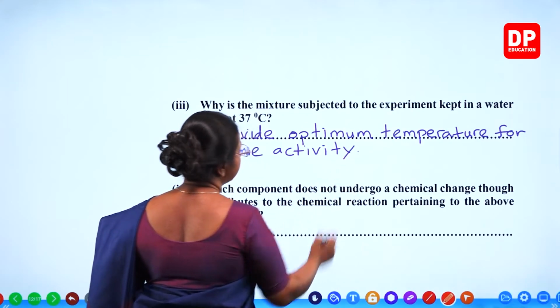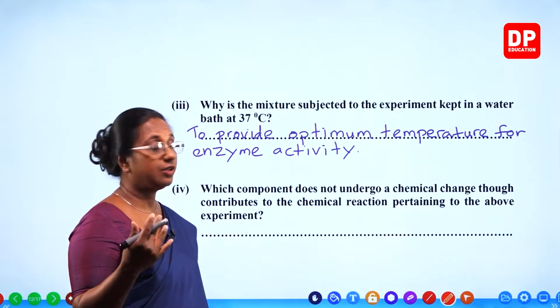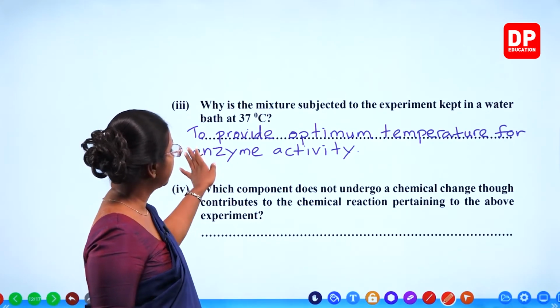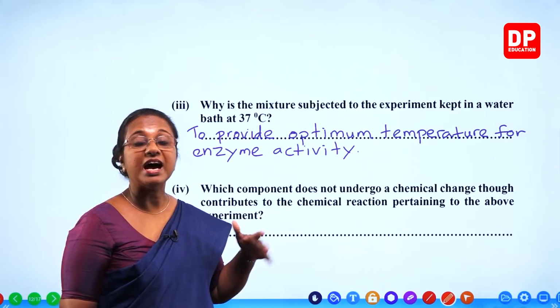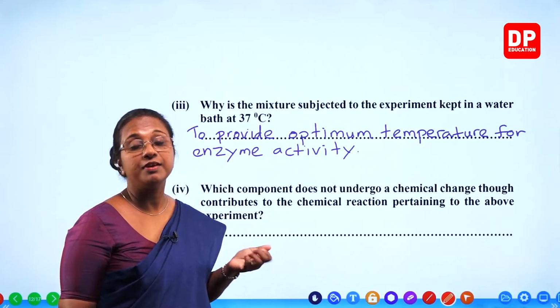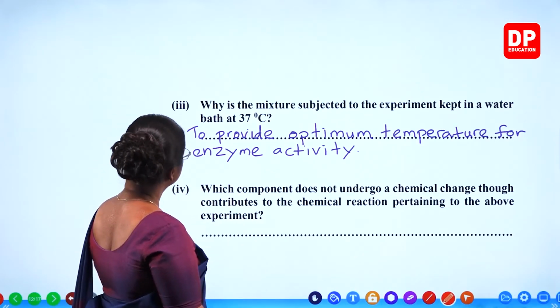So you can say enzyme activity or activity of amylase or activity of enzyme, that is fine. But you need to say to provide the optimum temperature or the ideal temperature for the activity of enzyme. Is that clear? So that is the answer for the third one.